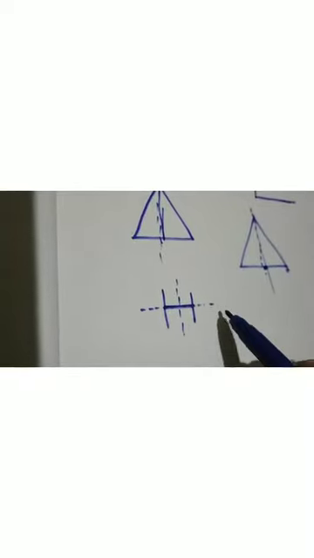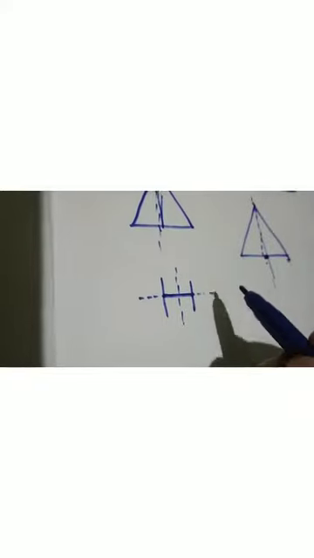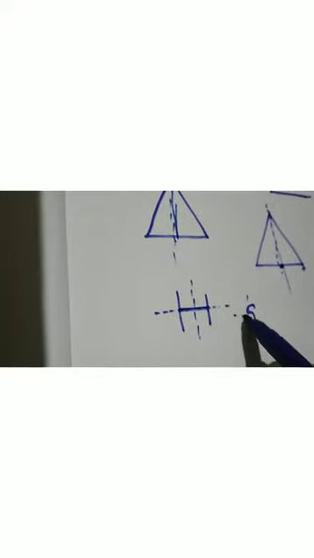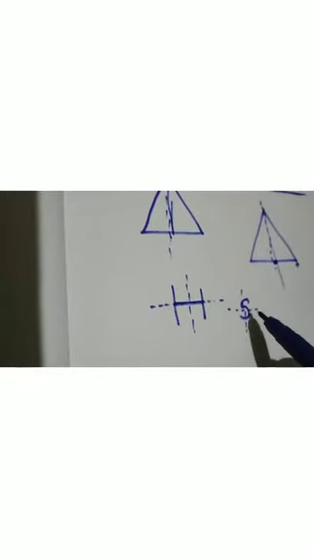Clear? So H is carrying 2 lines of symmetry. 2 lines. But for S, can we draw here a line, or is it possible to draw here? No, but S, we can't draw a line of symmetry.